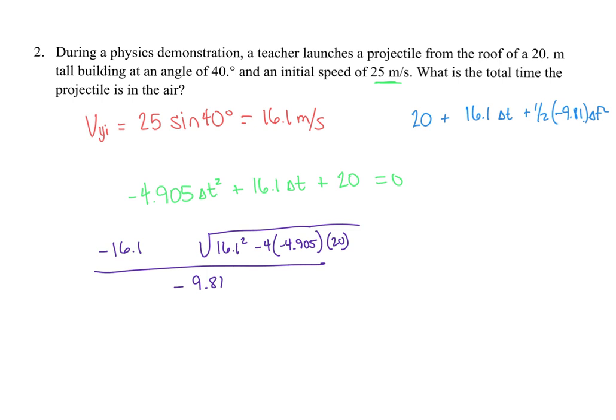Here's why. We have some teacher that's standing, it is not me, standing on the 20-meter building, right? And they are flinging a projectile off the roof, right? And it's going to the ground. Yes?